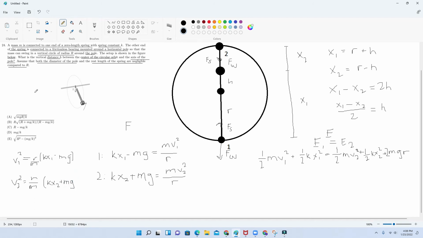Good. Right, so now we can substitute these squared values back into this equation. And just like that, we can see that these by m terms will cancel with the m's in the kinetic energy parts. So that actually simplifies it a bit. And then we can just go straight to substituting the rest into it.